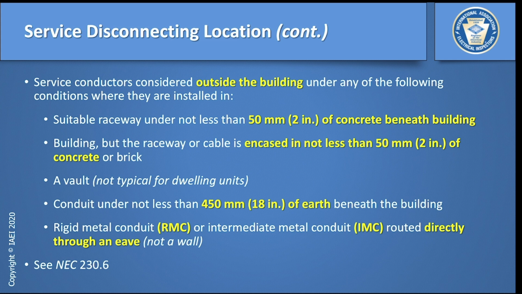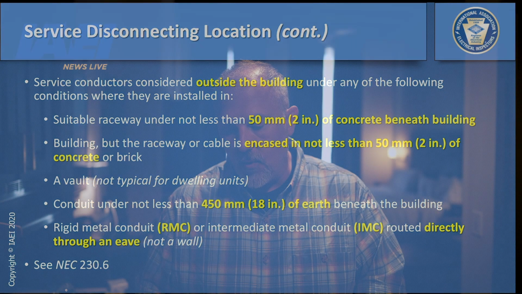So when it's a suitable raceway under not less than 2 inches of concrete beneath the building, if you are outside of 2 inches in suitable raceway, then you're not considered in the building. You're considered outside the building. Or the raceway or cable is encased in not less than 2 inches of concrete or brick.